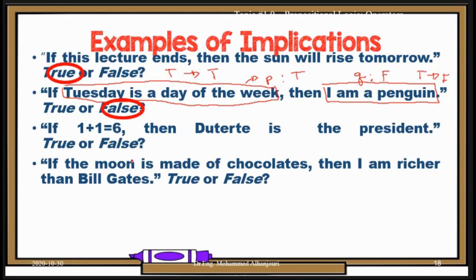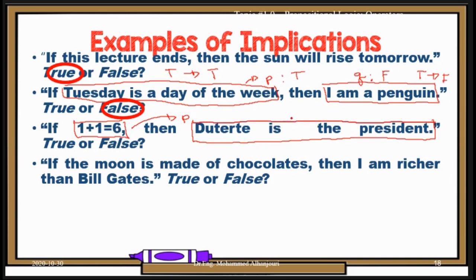Now let's go to the next one. If 1 plus 1 is equal to 6, so 1 plus 1 here is equal to 6. This is our P. Tapos ano yung Q natin? Duterte is the president. Is he our president? Yes. So this is our Q. Itong P, we know that 1 plus 1 is equal to 2. Hindi siya equal sa 6, so that is false. And for Q, right now, as we are having this lecture, Duterte is the president.